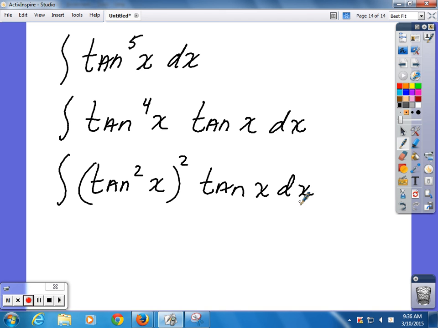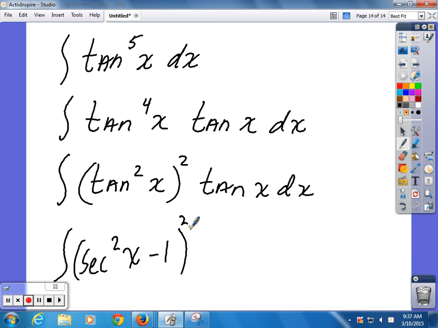Tangent squared is 1 minus the what? Or secant squared minus what? 1. So antiderivative of the secant squared of x minus 1 quantity squared, and that's shortcut number what? Actually, it's number 3. Because it's different. No, my bad. Shortcut number 2.